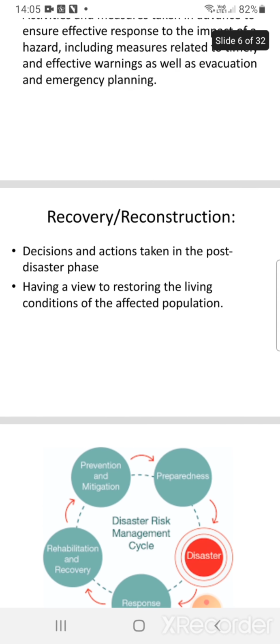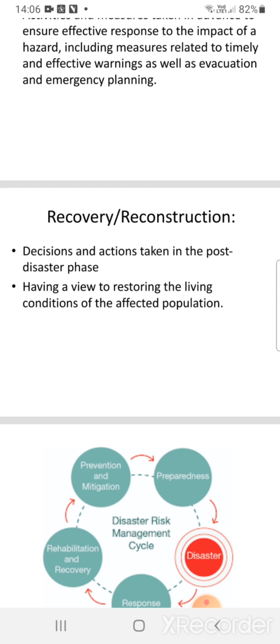Now next is recovery and reconstruction. Now, in order to recover from a particular phase, you require time. And the decisions and actions taken after a particular disaster during that particular period will include the recovery phase, keeping in view the restoration of the living conditions of the affected people.